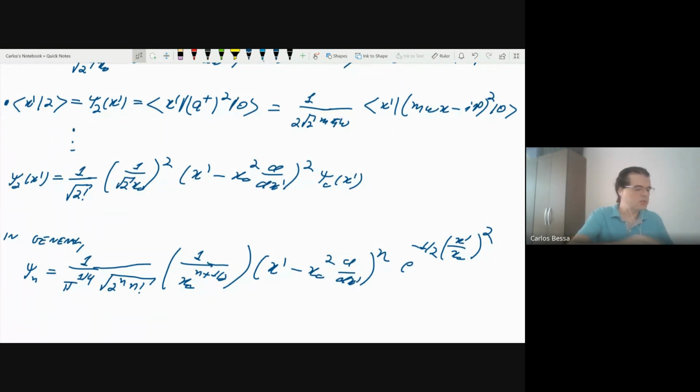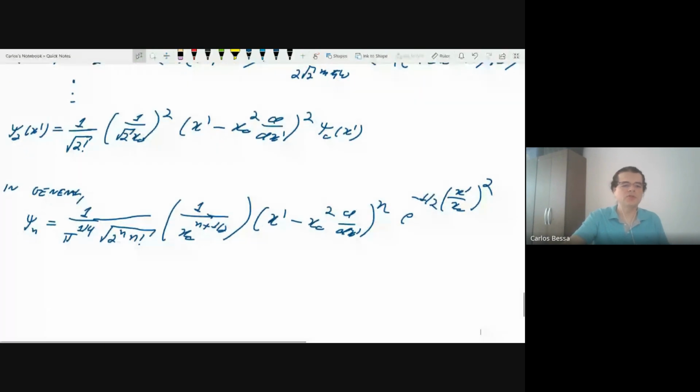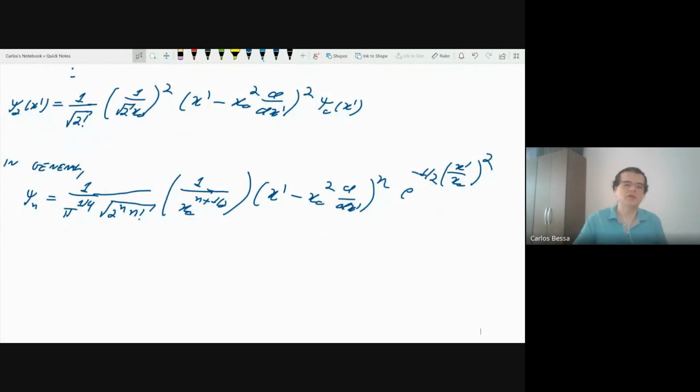So this is the psi in general, and you have a plot of this psi over x. You have a plot in the Nielsen-Schwenk book, okay?